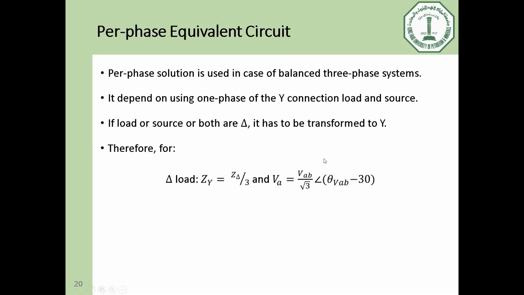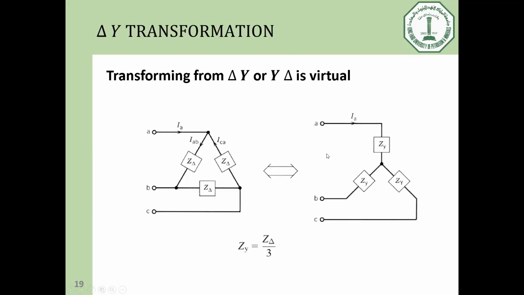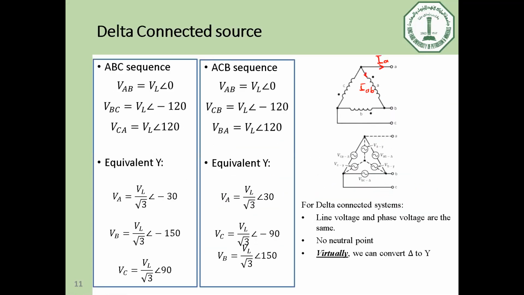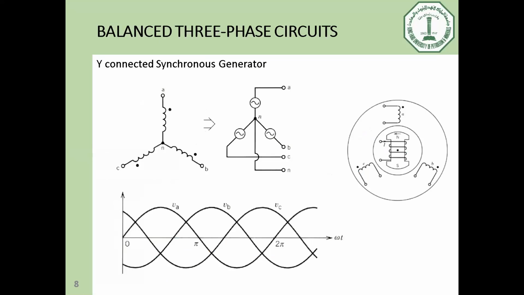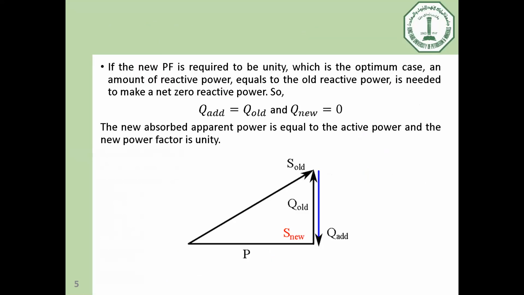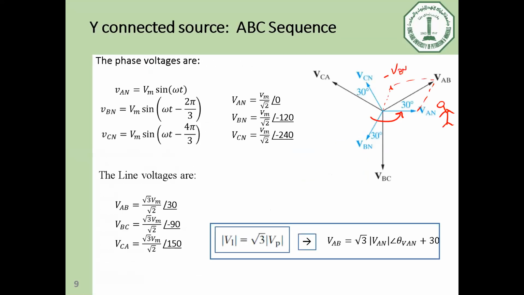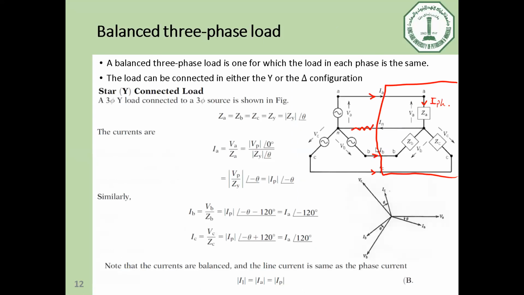Okay, if we are going to make it as per phase equivalent circuit, let me show you in the star connection load here. Can you see ZA and source VA? It's connected in parallel, is it right? So simply you can calculate the current moving here.